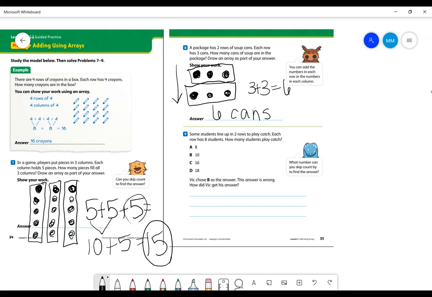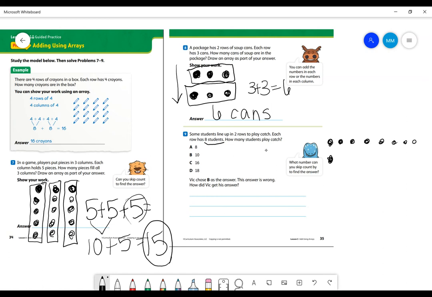Some students line up in 2 rows to play catch. Each row has 8 students. How many students play catch? So I'm going to make 2 rows. And how many are in each row? 8 students. So I'm going to put 8 on the top row. And how many on the bottom? 8. So 1, 2, 3, 4, 5, 6, 7, 8.